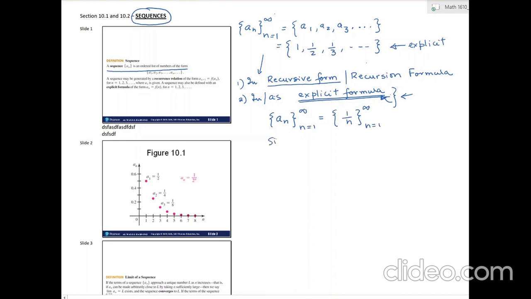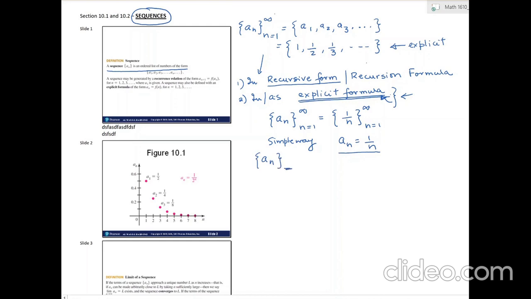And in a simple way, one could just say an is equal to 1 over n. Now, the indices are also not written very frequently.